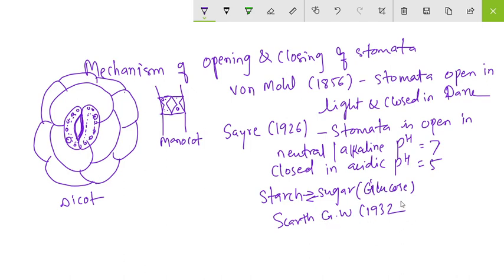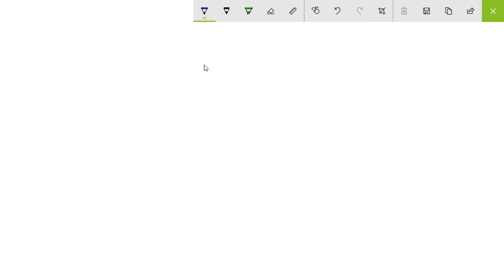There are two basic mechanisms, known as the two popular theories, that explain the opening and closing of stomata. The most important theory is given by the scientist Steward, known as Steward's hypothesis, proposed in 1964.